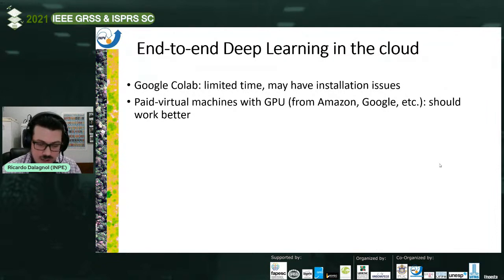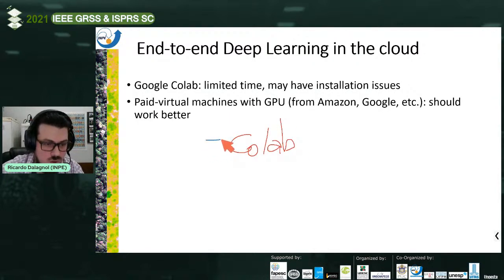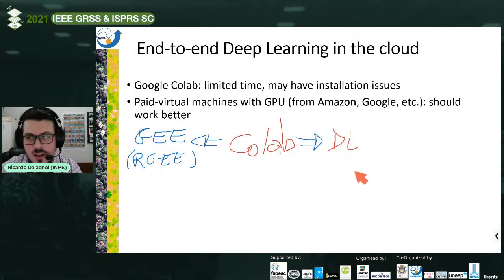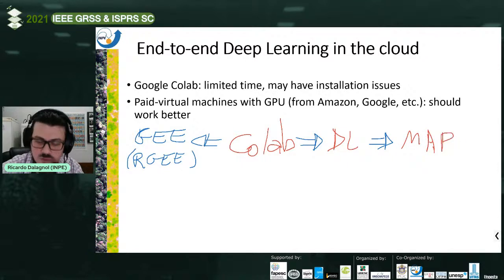I wanted to try this challenge, and I built a code that used Colab as a platform because it can talk to GEE through RGEE, and it could run the deep learning from inside, and then we would have a map as an output, running entirely on the cloud.